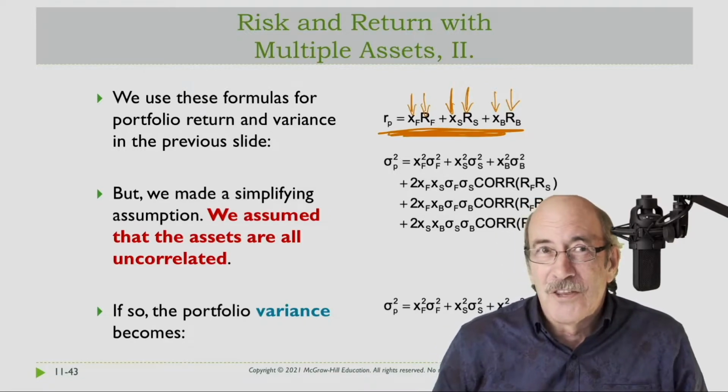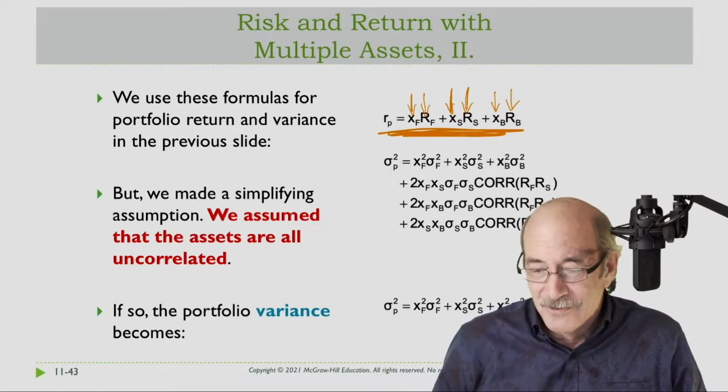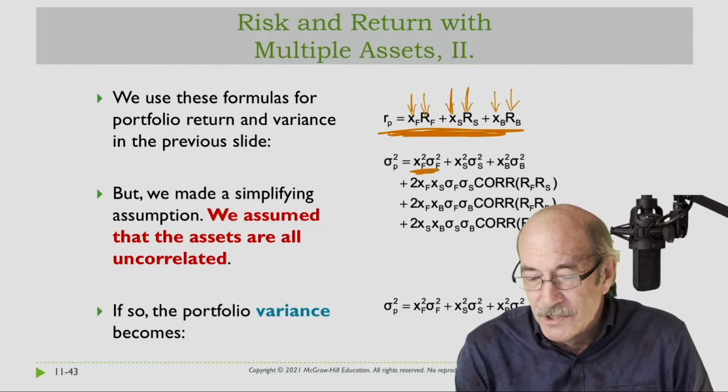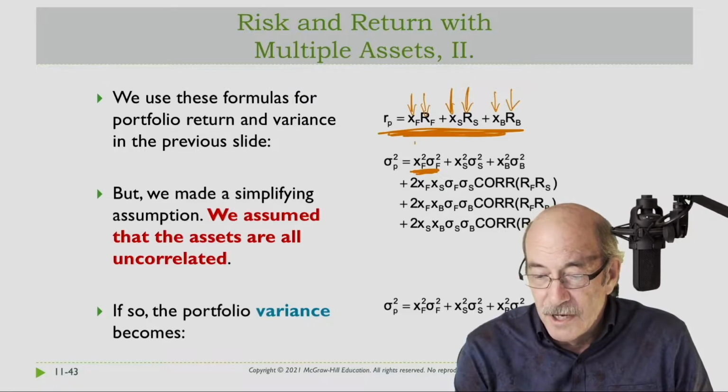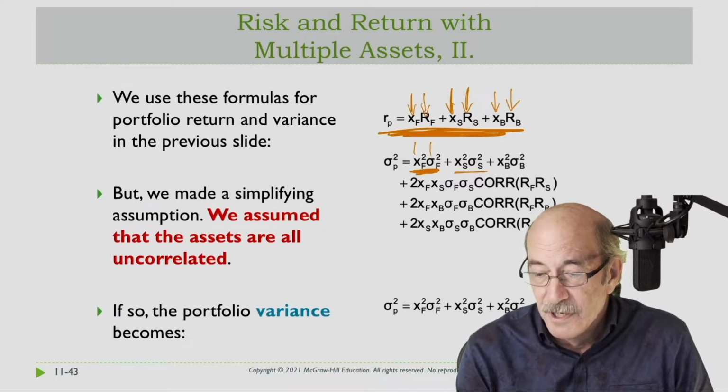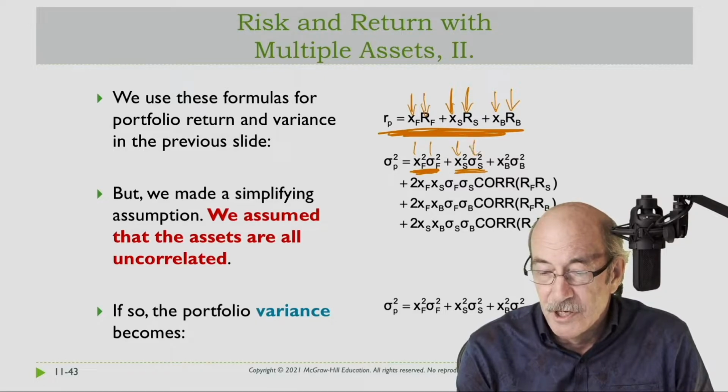When I calculate the standard deviation, this is where things get ugly. I still have those first primary terms, the weight on the foreign stocks squared times the variance of the return on the foreign stocks. Then on the U.S. stocks, the weight of that squared times the variance on that stock portfolio.